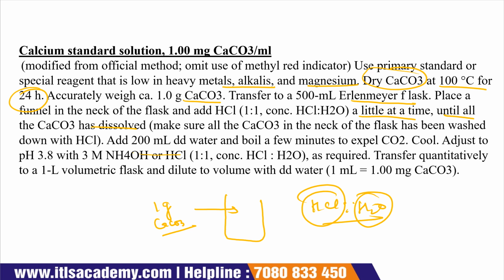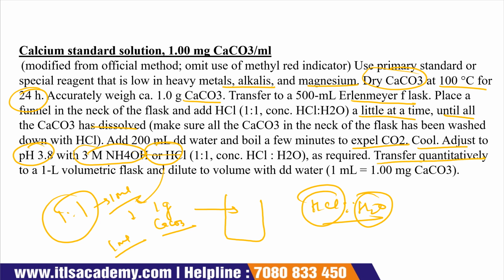After a few minutes, to expel CO2, we cool down and adjust the pH to 3.8 with 3 molar ammonium hydroxide or HCl. The ratio of HCl and water should be 1:1, that means if we take 1 ml of HCl, then the water will also be 1 ml.